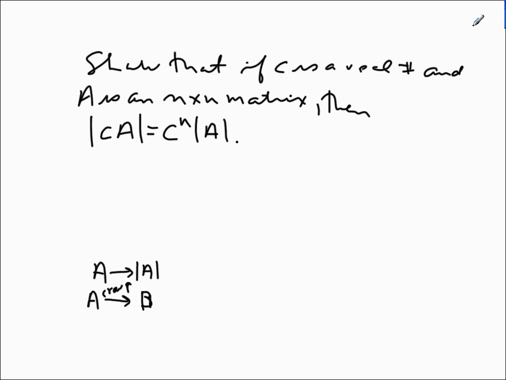You have matrix A, you take 1 row, row R. You multiply straight across by C. Well, then the determinant of B would be C times the determinant of A.